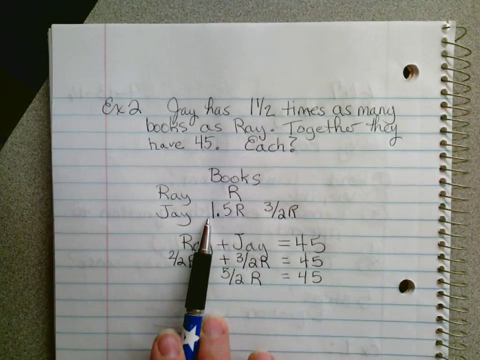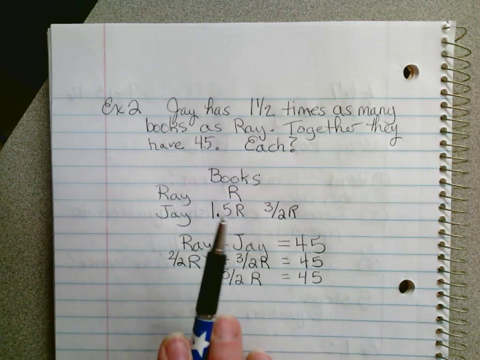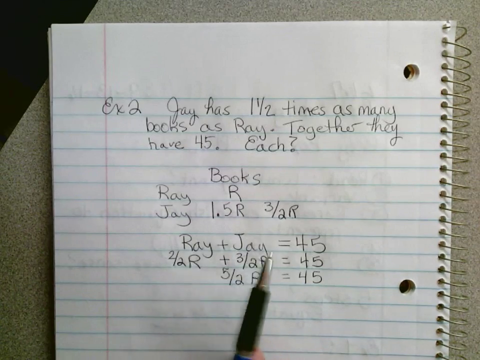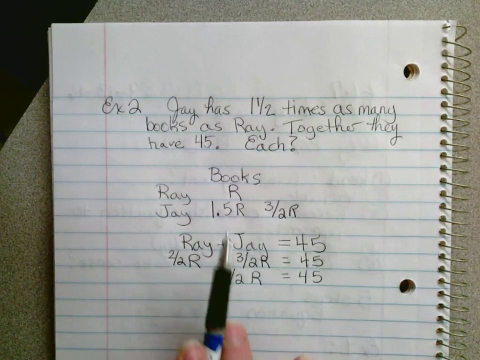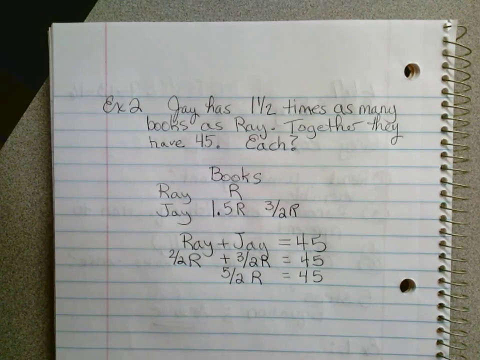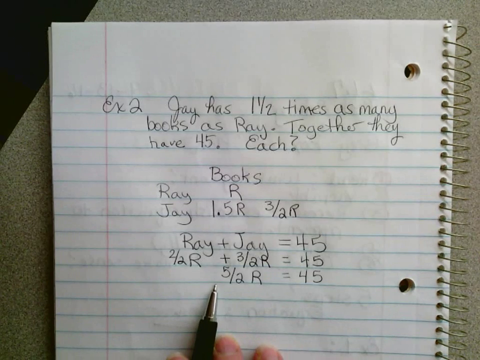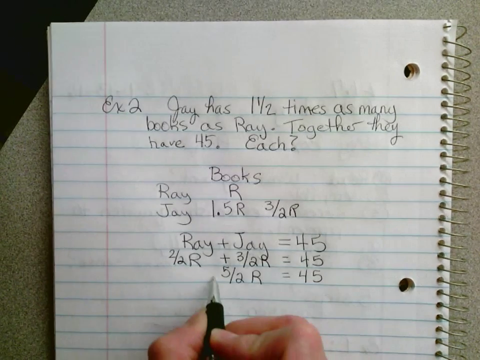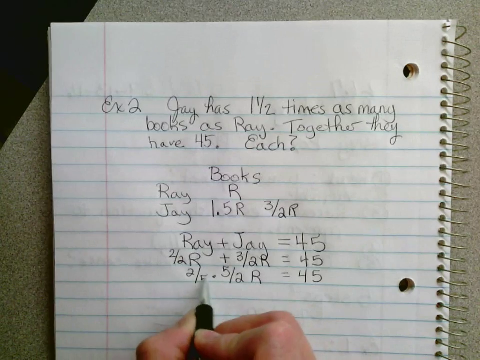Or it would be 2.5 R equals 45. Okay? If you were using the 1.5, at this point you would divide by 1.5. I chose the fraction though because you can't divide by a fraction, you must multiply by its reciprocal.